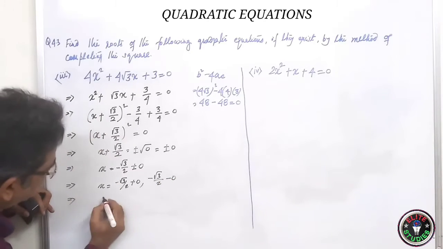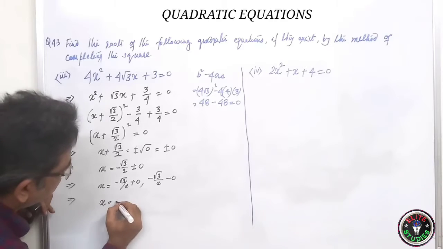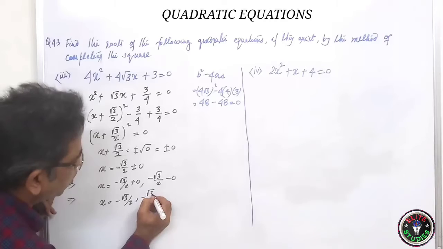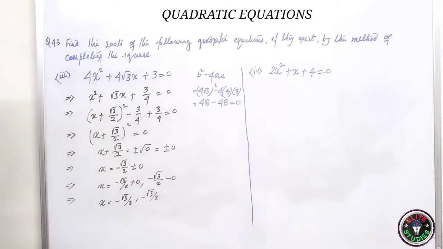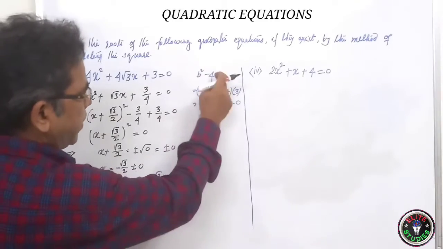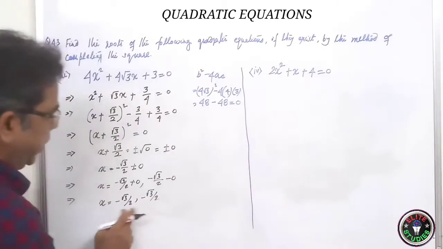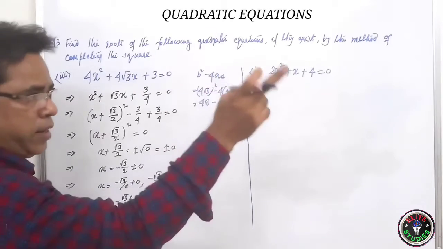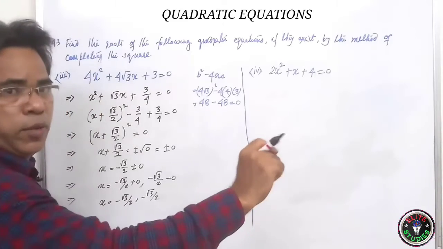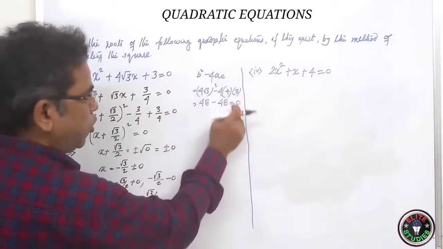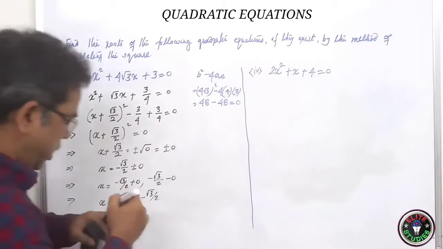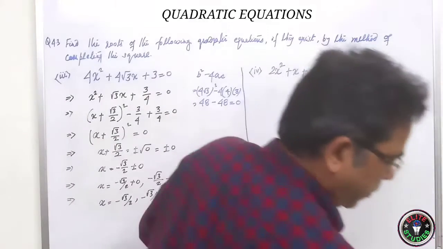So this gives x is equal to minus root 3 by 2, minus root 3 by 2. We will see in the next class that whenever b square minus 4ac comes out to be 0, then the roots will be equal. I will again repeat, whenever b square minus 4ac becomes 0, note it down, dear students. If b square minus 4ac comes out to be 0, then the two roots will be equal. So now let us go to the fourth question.